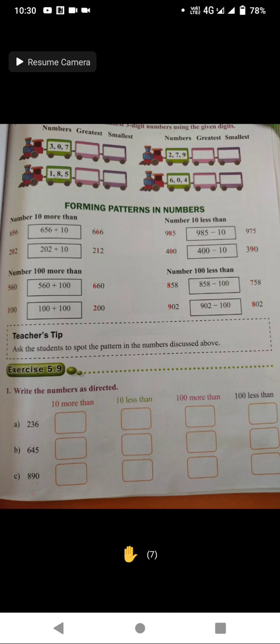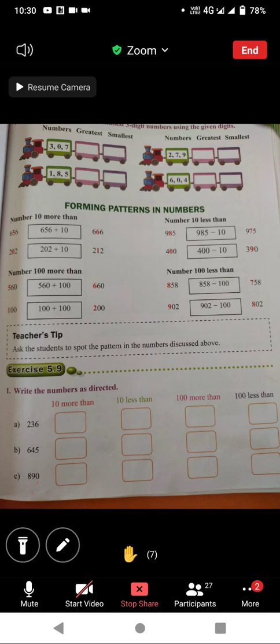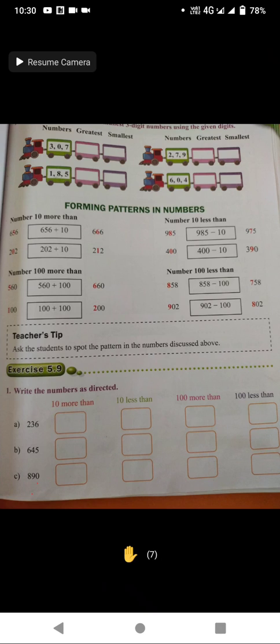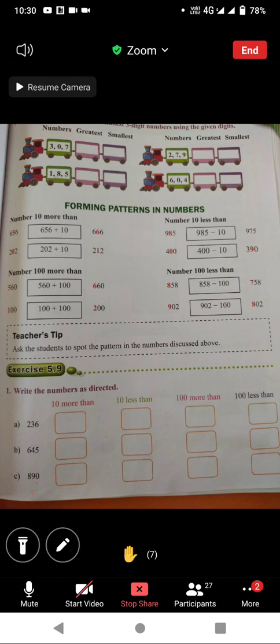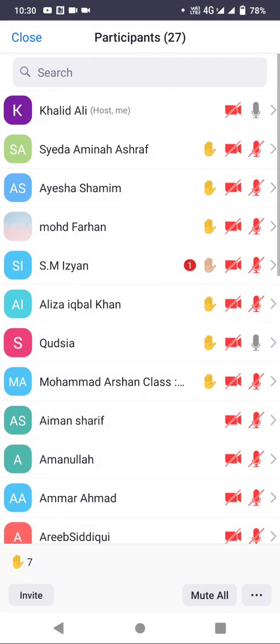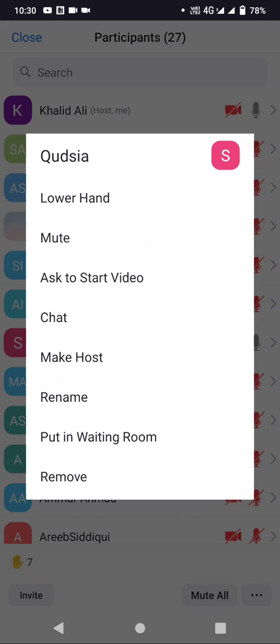Yes, mashallah, very good. So we add 1 in the 100 place to find 100 more than. Sir, I have done question number 1.